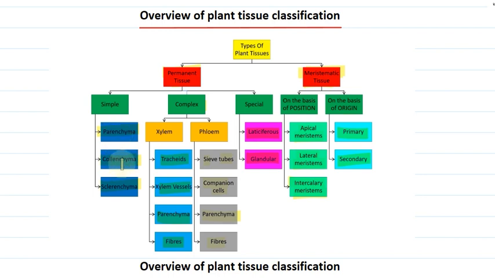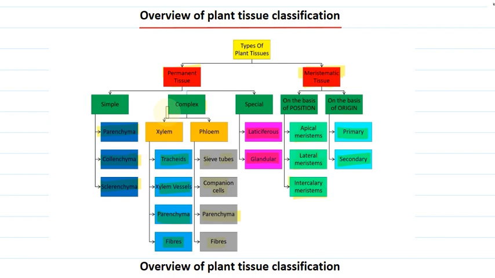Collenchyma tissues have no intercellular spaces, and are composed of cells that are elongated and thickened with cellulose at the corners. Sclerenchyma tissues consist of dead cells, composed of long and narrow cells having walls that are evenly thickened with lignin.